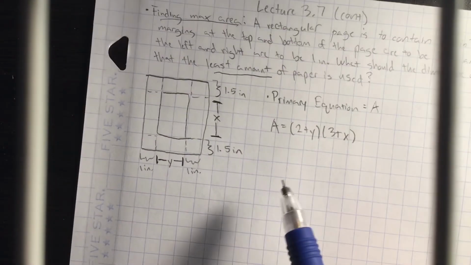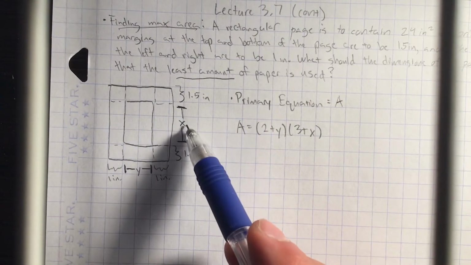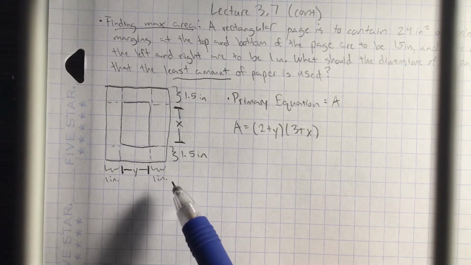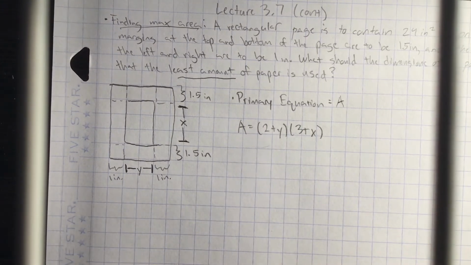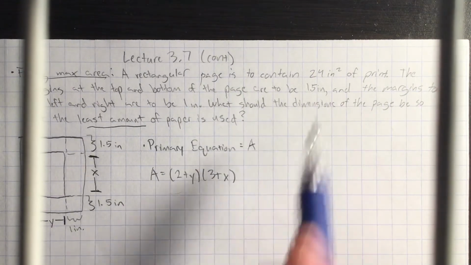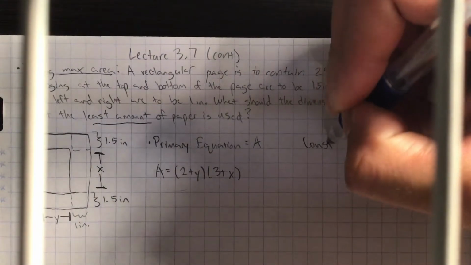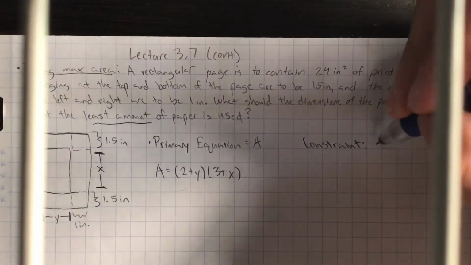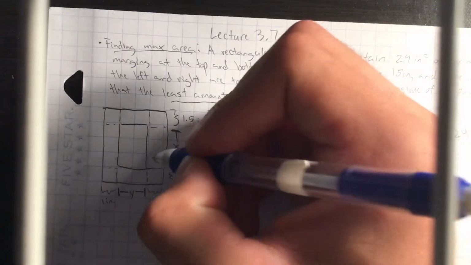And we say that because 1.5 times 2 equals 3. So if we combine that with x, that's what we come up with. And 1 plus 1 equals 2. We combine that with the y, that's how we get that. So that is our primary equation. And our constraint, of course, is the 24 square inches of print. So the constraint also has an area of a rectangle. And 24 equals x times y. You can also write it like this because this is the same thing.